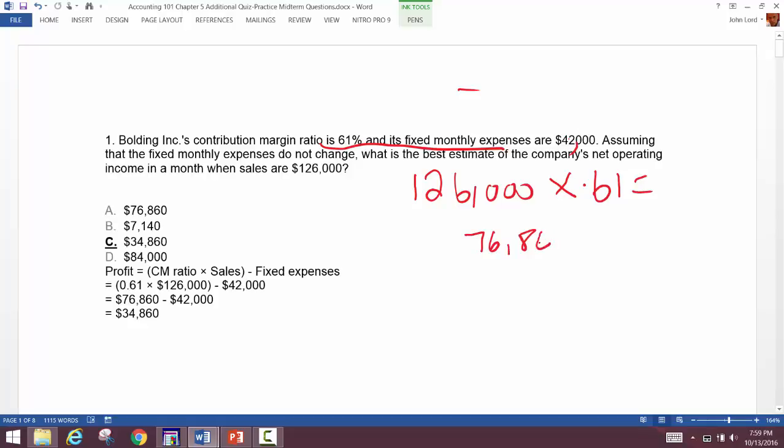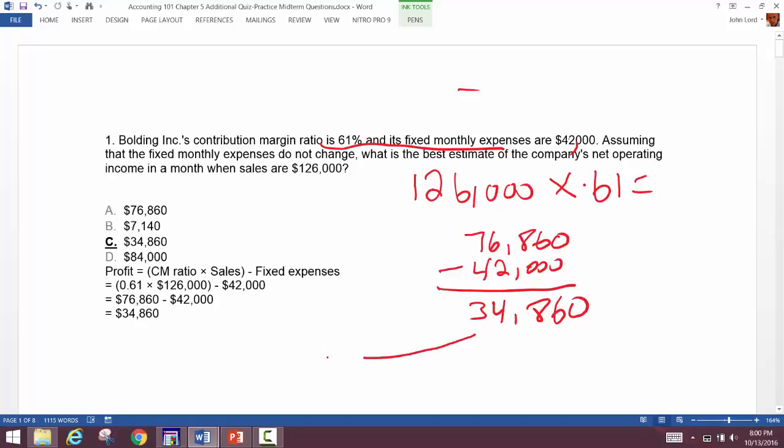I know the answer's there, but I'm doing it in slow motion by writing it. Then they tell me that their fixed expenses are 42,000. So I take that difference, that gives me $34,860 of profit left over when I have sales of 126,000, using the contribution margin ratio for that one.